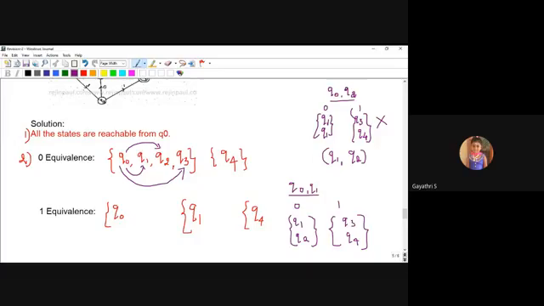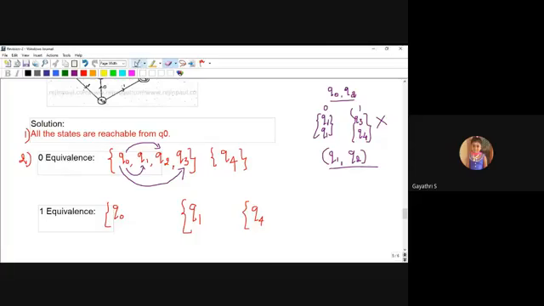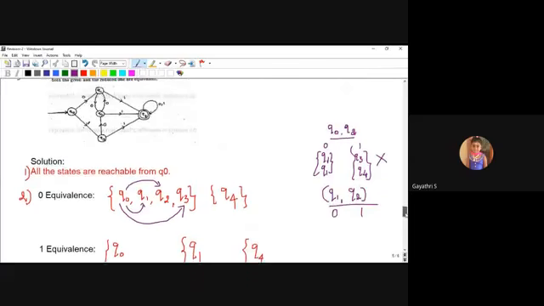This is the pair. Q1 on 0 goes to Q2. Q2 on 0 goes to Q1.